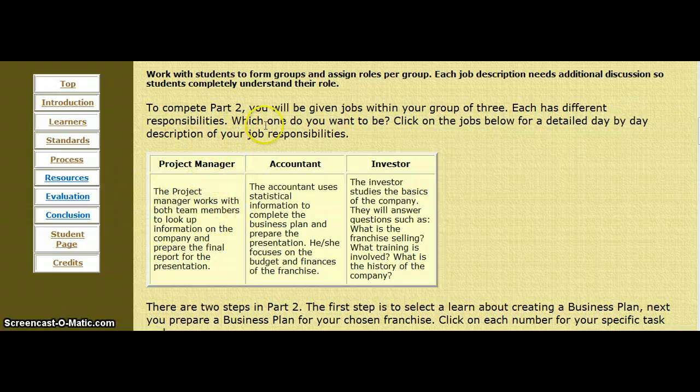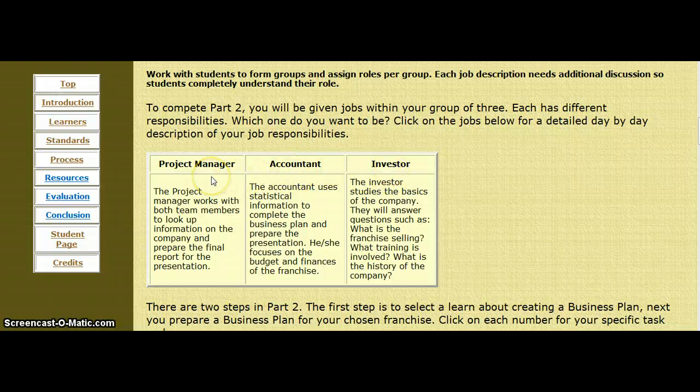Here it defines the roles within the WebQuest. And for this, I might add, if possible, if I had the resources, I may get someone who does every one of these tasks or responsibilities in a job.